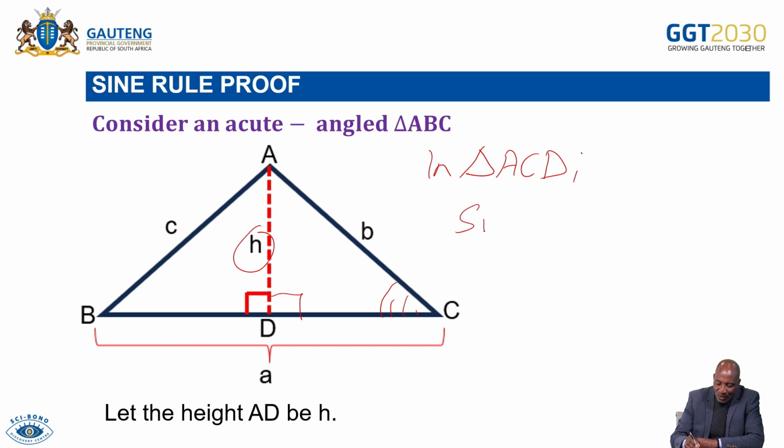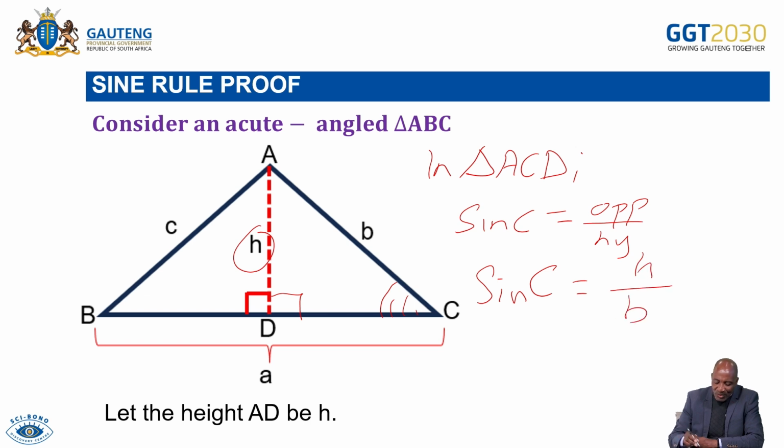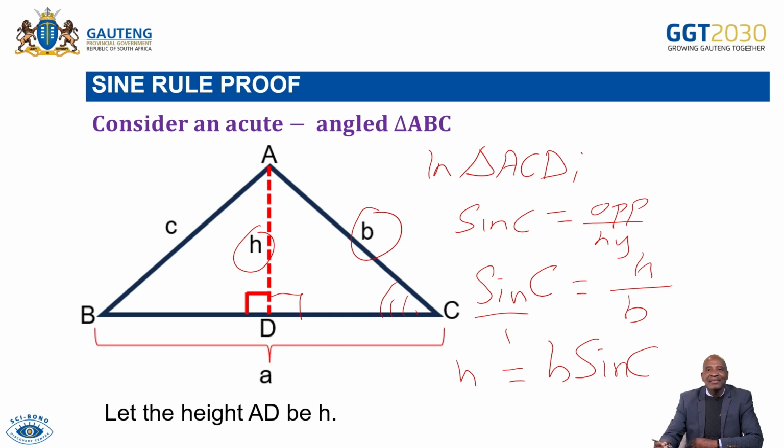Sine of C is going to be the opposite side divided by the hypotenuse side. We have changed the triangle now. Our opposite side is still h, so sine of C is equal to h divided by our hypotenuse, which this time is b. Again, we're going to make h the subject of the formula. So we cross multiply, and our h will give us b sine of C. This is what we are familiar with from lower grades.